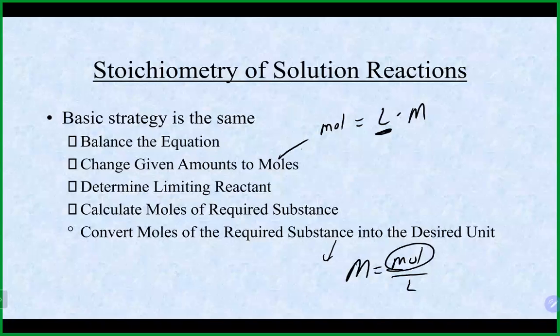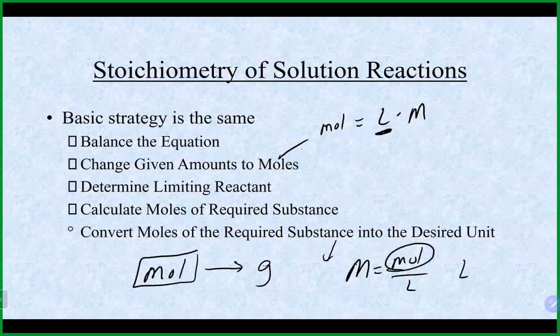You may do what we normally do, which is take the moles from the stoichiometry part and convert it to grams using molar mass. You may also figure out the volume of a solution by taking the moles from the stoichiometry calculation and dividing it by the molarity if they gave you the molarity. So at the end, there's a few different versions you could end it with.